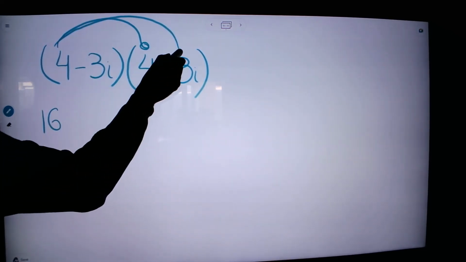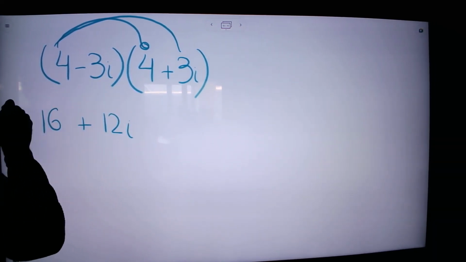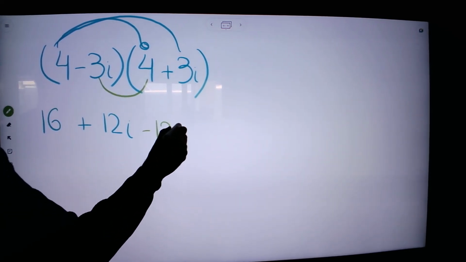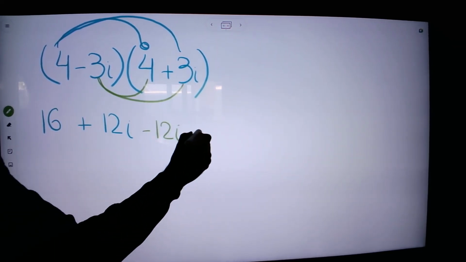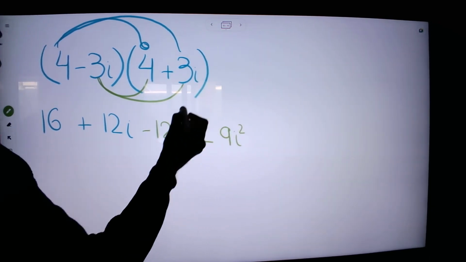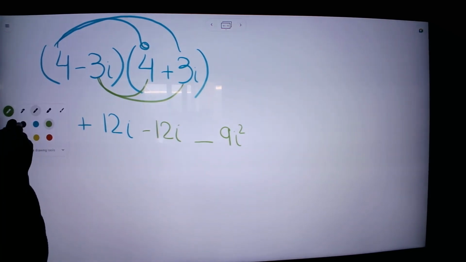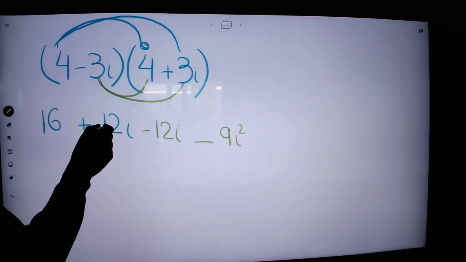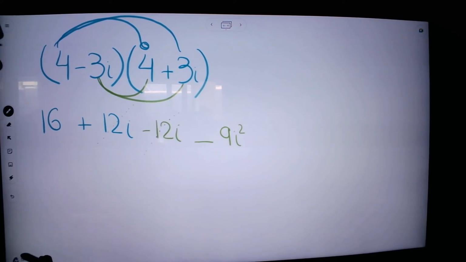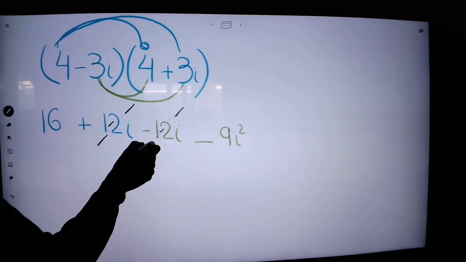And this time that is how much? Thank you. And then, thank you, minus 12i. And then this time this is how much? Minus 9i squared. Okay, so plus 12 minus 12, they kind of cancel. So I can just cancel them. Done.